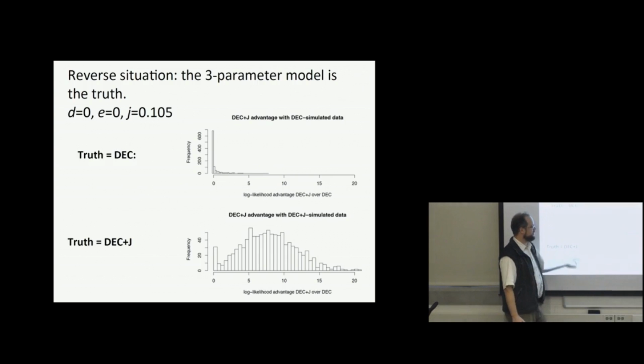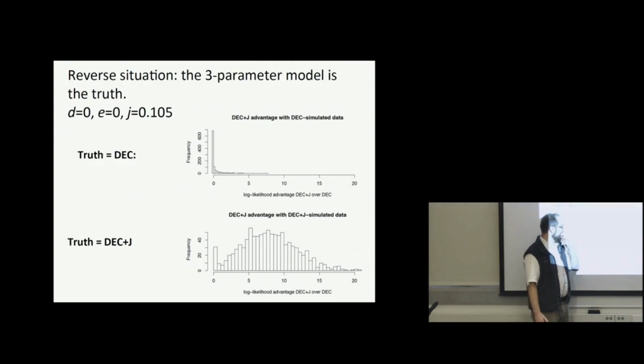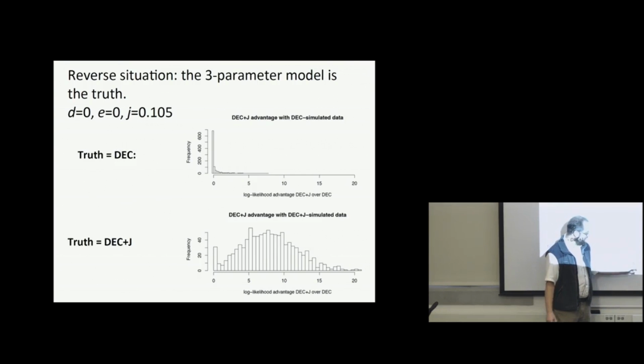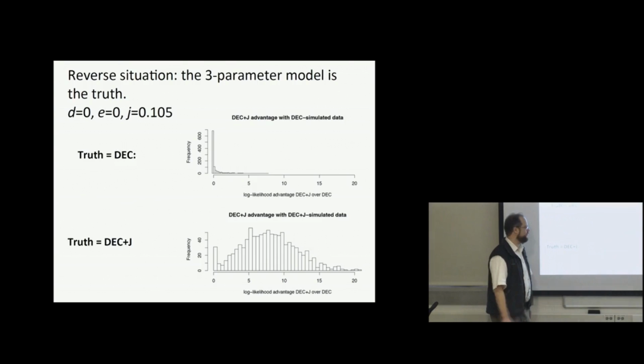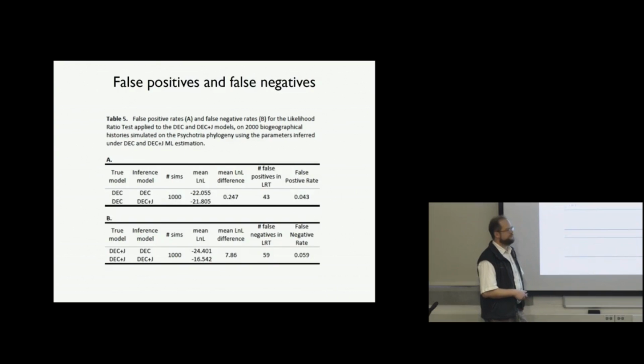Whereas if I simulate under the DEC plus J model and then do inference under DEC and DEC plus J, then the log likelihood advantage of DEC plus J is huge, right? It's often 10 or more units. And remember, in the empirical case, we had something like 14 log likelihood units. So you can calculate false positive rates and false negative rates for your estimates like this.